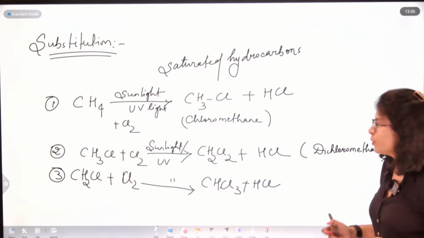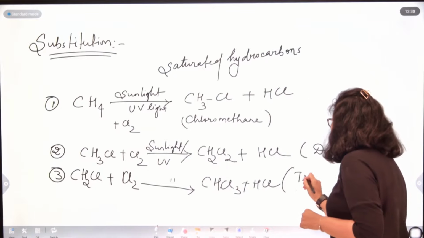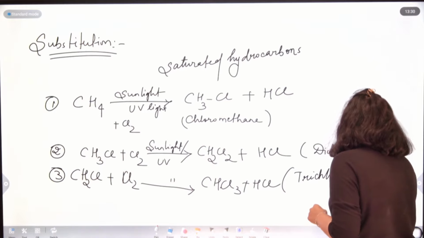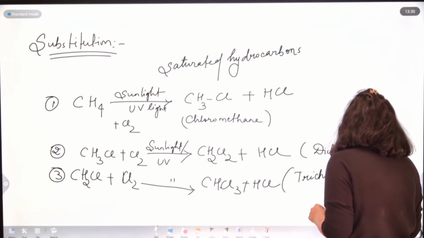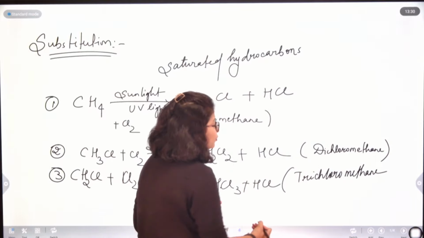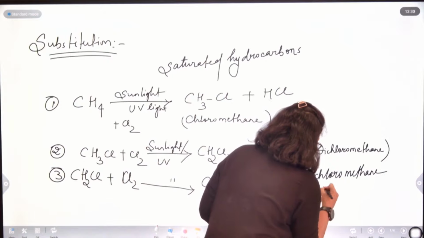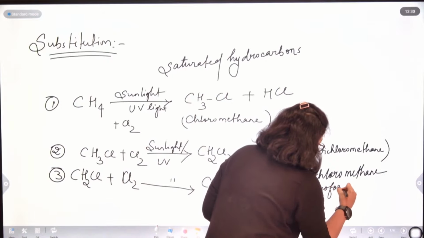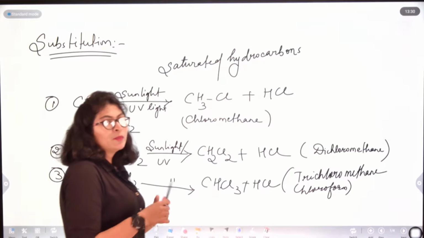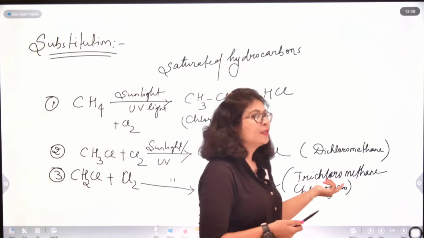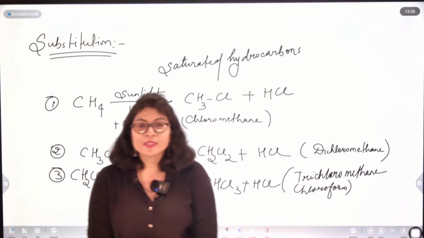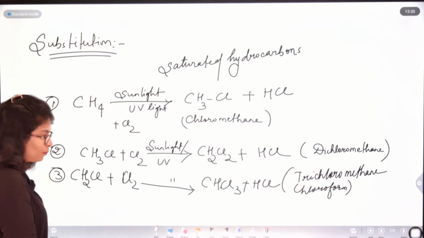The IUPAC name is trichloromethane, but its common name is chloroform, which we all have heard about. It is basically used for making people unconscious.